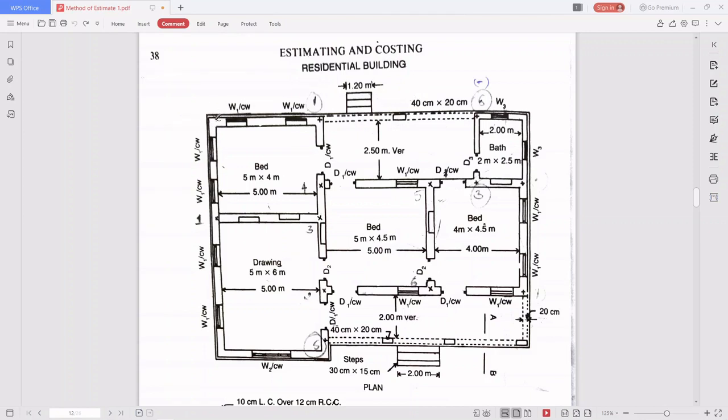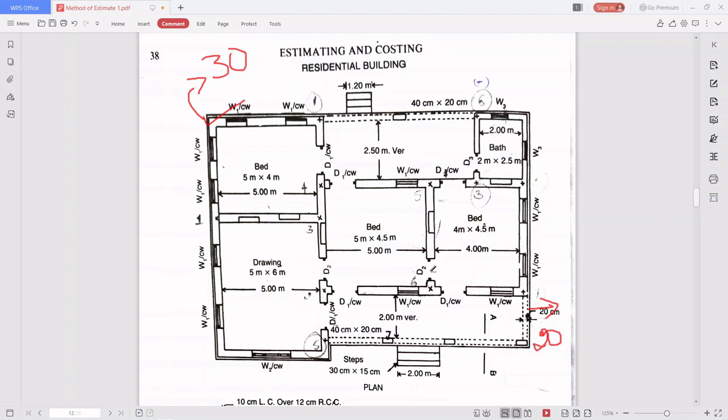This is a 30 centimeter wall, and somewhere here we get a 20 centimeter wall. So two types of walls are there, 30 centimeter wall and 20 centimeter wall, in a single residential building.